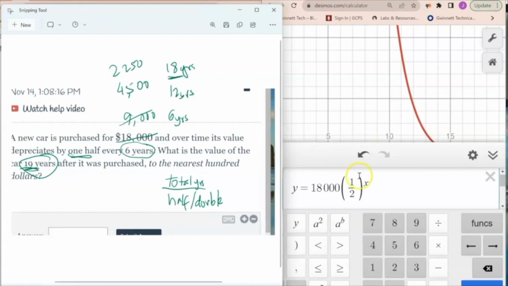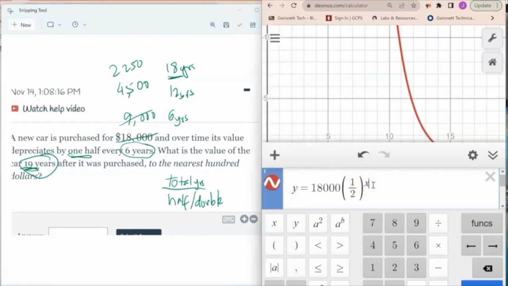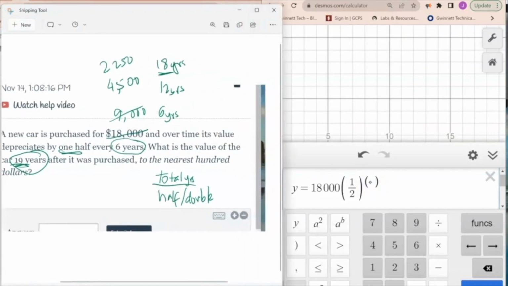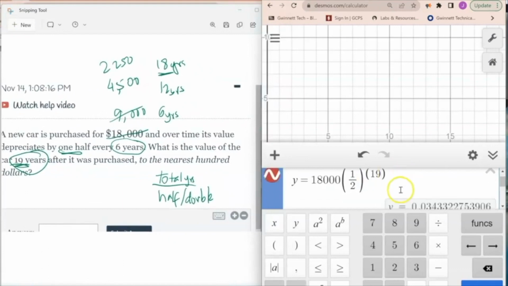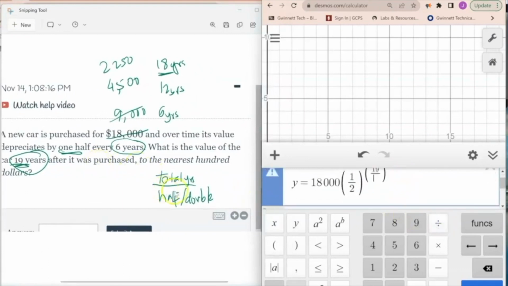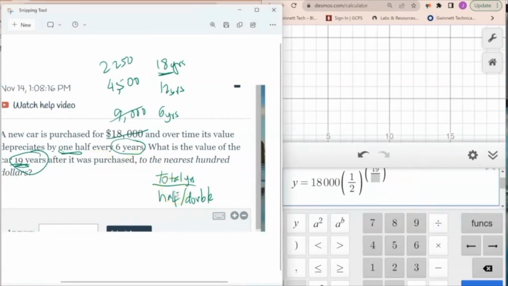When I come to x, put that in parentheses, because if you don't put it in parentheses, it comes out of there for whatever reason. I need the total number of years. What's my total number of years? 19, divided by the years of my half-life or years of my double.